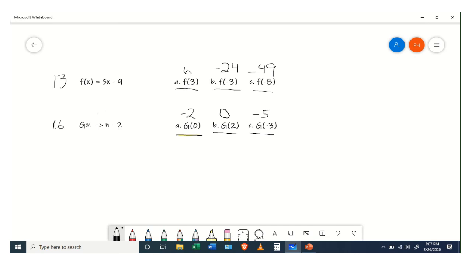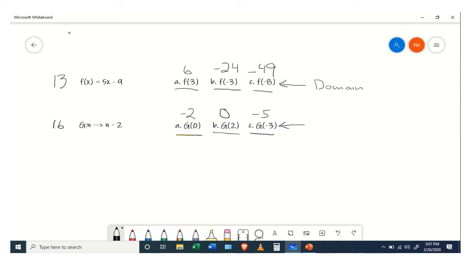All right. And then real quick as a reminder, for these problems, so like right here and right here, these are the inputs, all right? So these would both be described as the domain, okay?